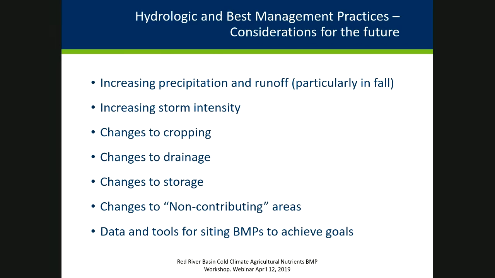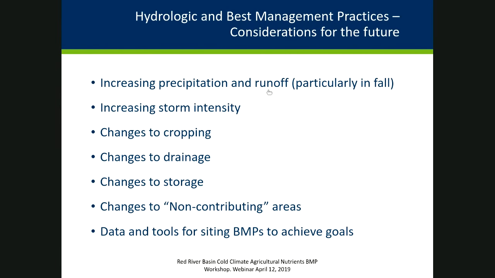And now I'm going to switch over and gear this towards some considerations as we think about best management practices today and then at the conference next week. We seem to be in a trend, at least for now, to having increasing precipitation and runoff. And those are disjointed a little bit with increasing runoff per unit precipitation.